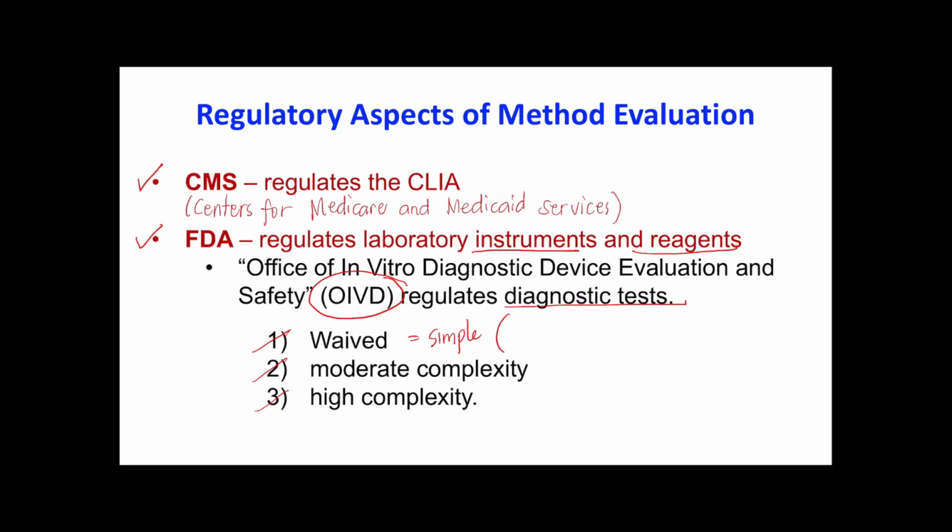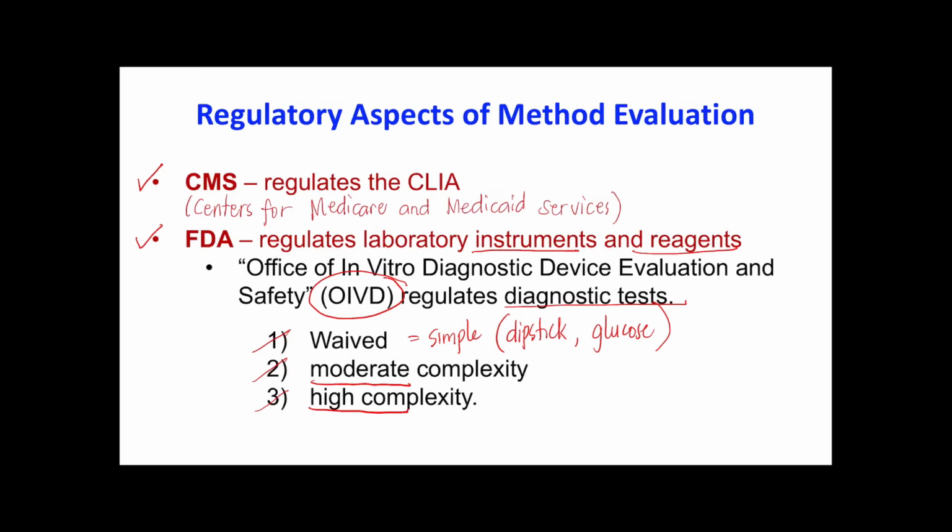Examples of this waived test are the dipstick test and glucose monitoring. Also, the automated methods are usually rated as moderate complexity. And the manual methods and the methods which require more interpretation are usually rated as high complexity.